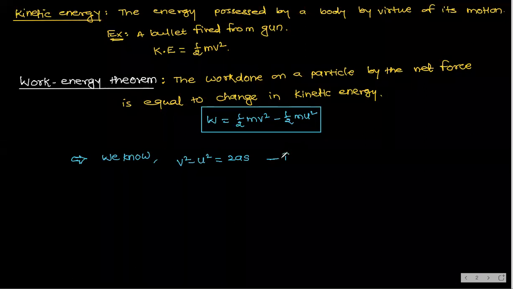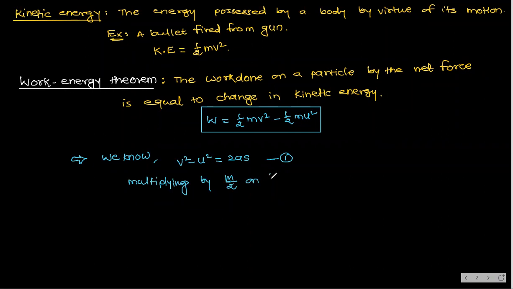Let's call this equation number 1. Now just multiply by m by 2 on both sides.